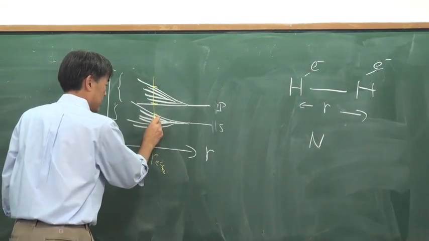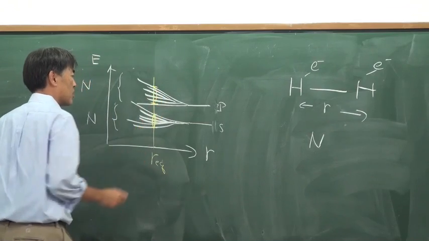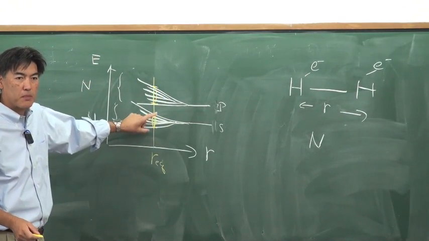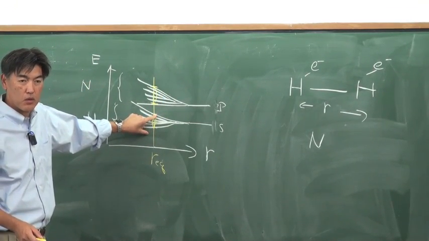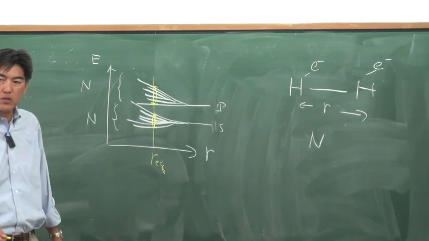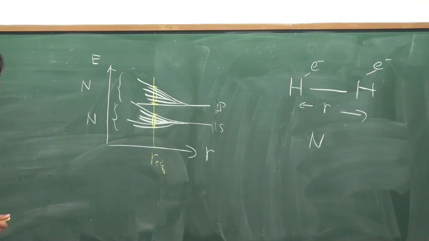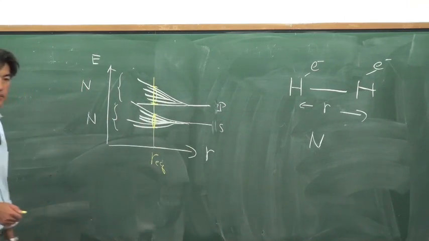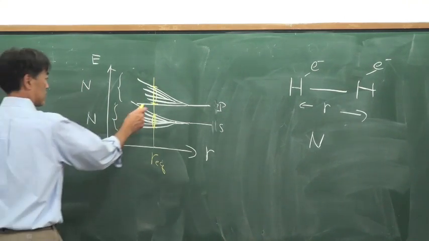So there's an almost continuous band, but it's not completely continuous. It's a dispersed band composed of n levels in each S state and P state. Okay?